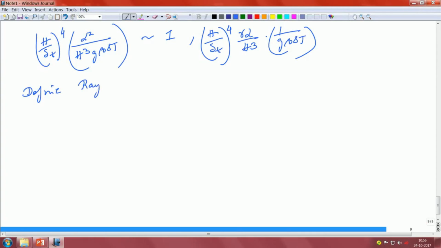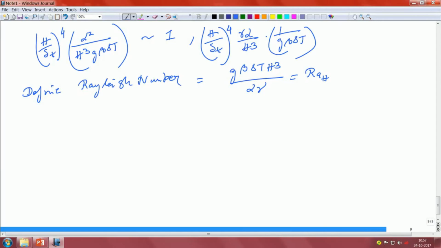So, define something called a Rayleigh number. What is the significance of the Rayleigh number? We will see in a little bit. It is g beta delta t, this is the definition, gamma alpha, right. That is the Rayleigh number, and we are defining it in terms of h, where h is the length scale.